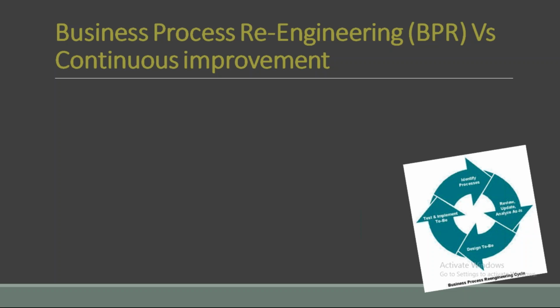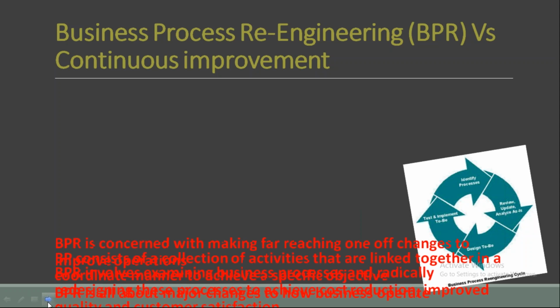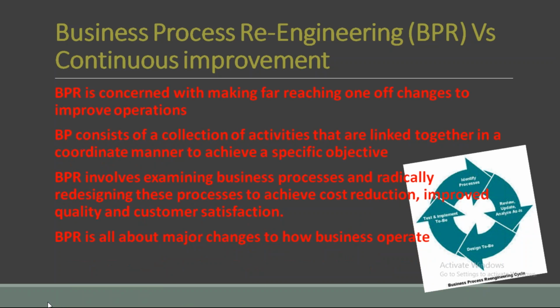It's a big change once and for all, and that's what we call BPR. Continuous improvement, or the Kaizen system, is small change, continuous. BPR is concerned with one-off changes. It's a collection of activities that examines the business process radically and redesigns the processes. BPR is about major changes in how the business will operate.